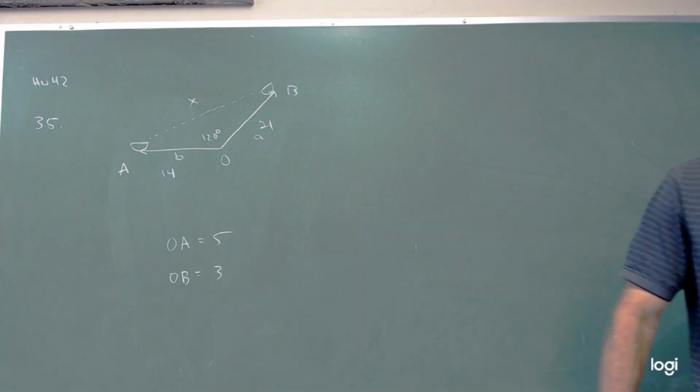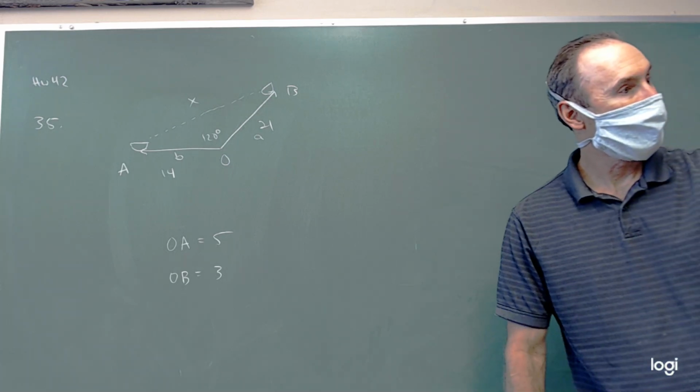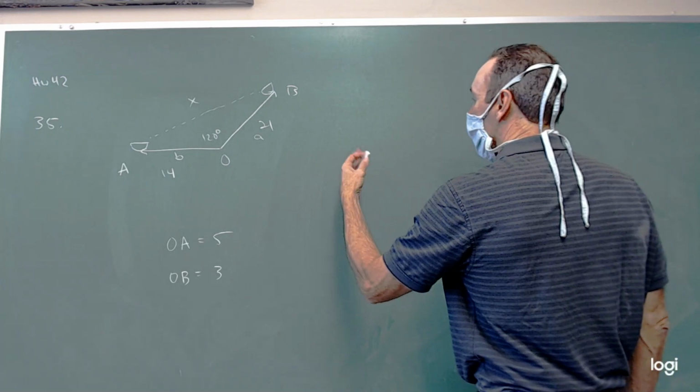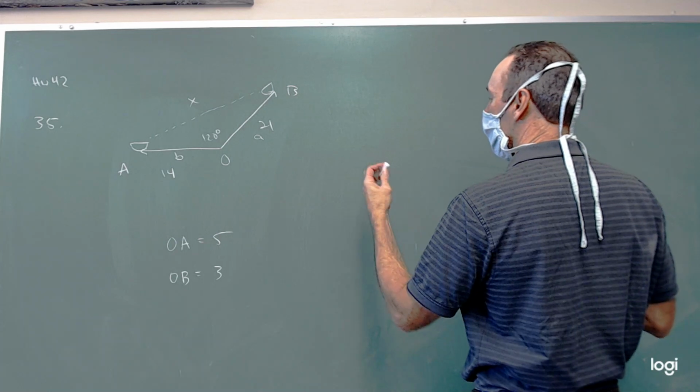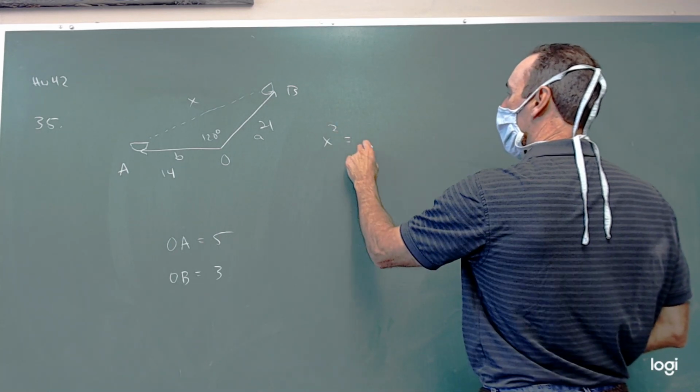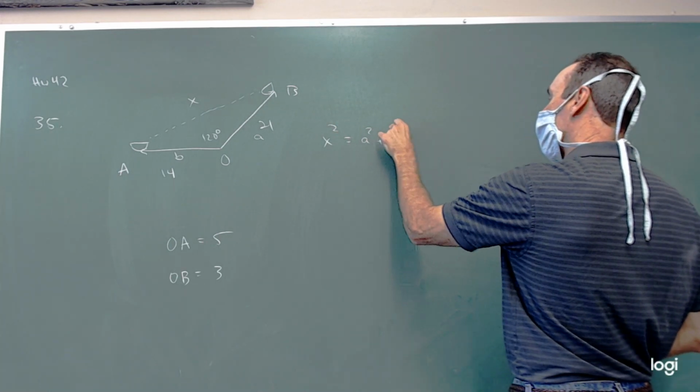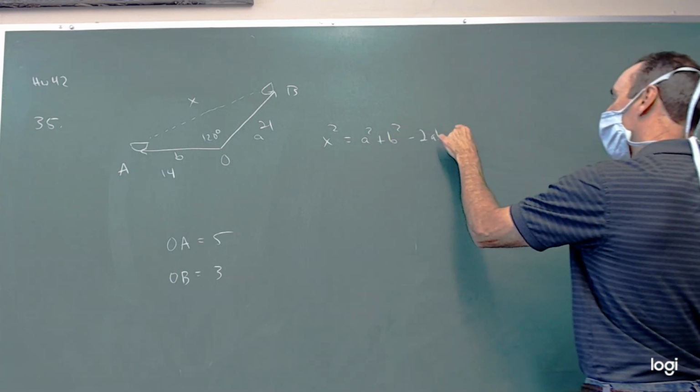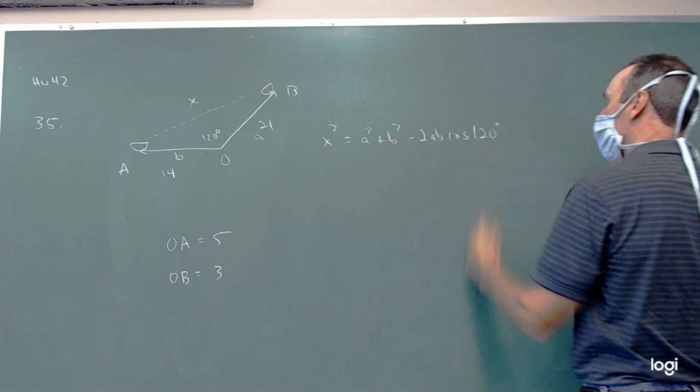It's kind of the traditional format. Is that okay? Yeah. So using our law of cosines, x squared is a squared plus b squared minus 2ab cosine of 120 degrees.